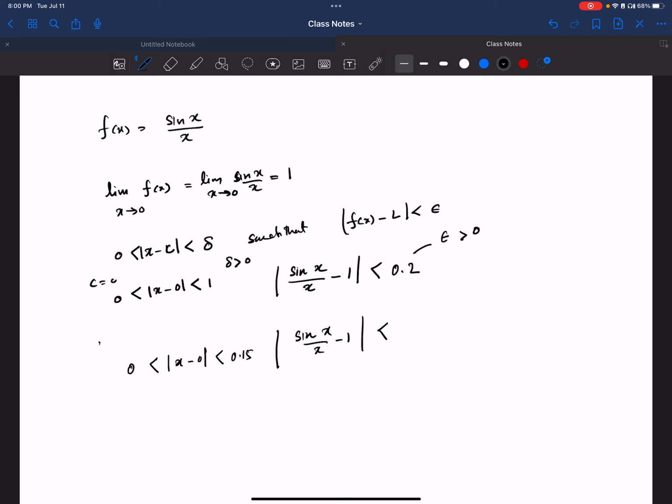So if it is less than 0.15, let's put 0.1. Sine 0.1 divided by 0.1, and then minus 1.